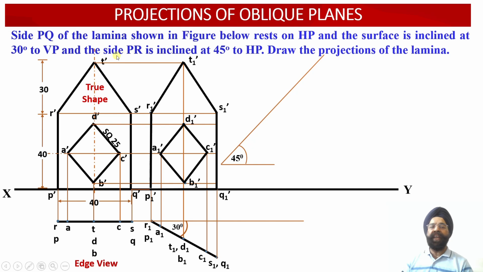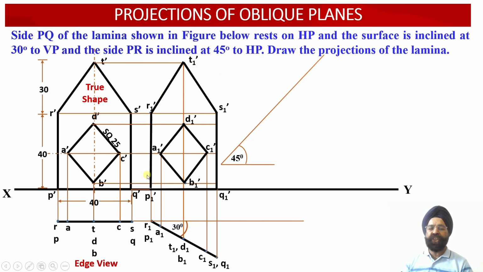Now the second orientation or inclination of this lamina is with respect to the side PR. In the second instance, it has been provided that this lamina will be reoriented with respect to the horizontal plane in such a way that the edge PR is inclined at an angle of 45 degrees with respect to the horizontal plane.